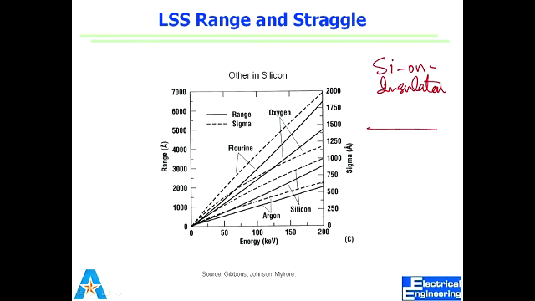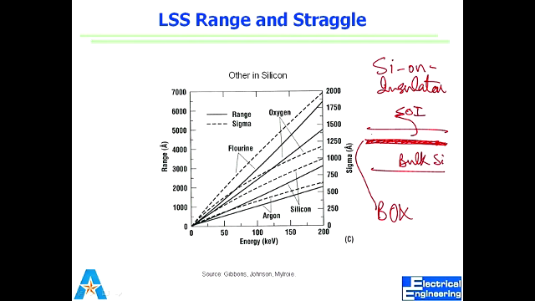So the idea is you have silicon and then you have this buried oxide. And of course we know ion implantation cannot go too deep, so it is close to the top, but it's called the buried box, and this is called the SOI layer. This is called bulk silicon. If you look at them, they are normal wafers.